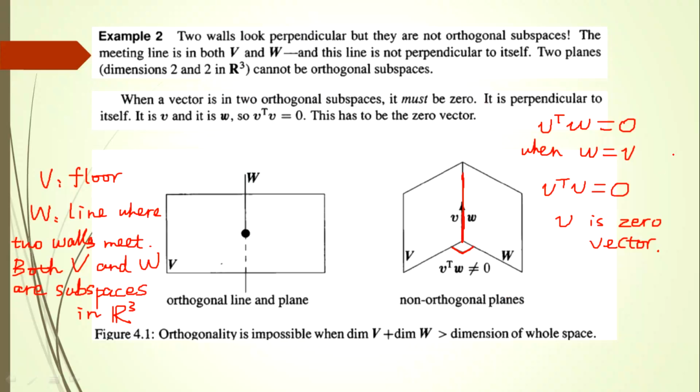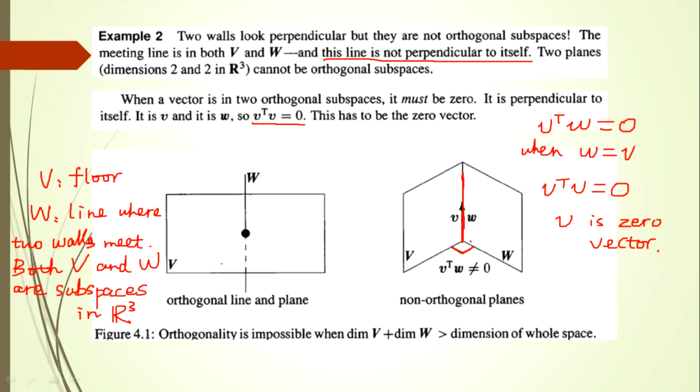But there is a vector that is in both V and W, and this vector of course cannot be perpendicular to itself. If it's perpendicular to itself, then this vector should be the zero vector, but this is not a zero vector, right? This gives an example of non-orthogonal planes.